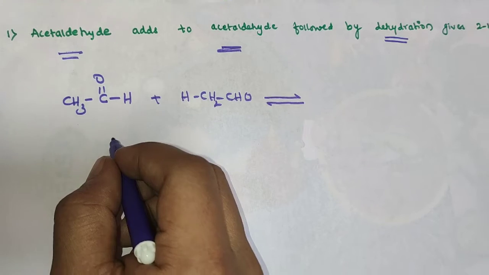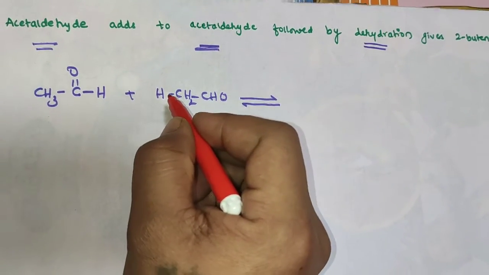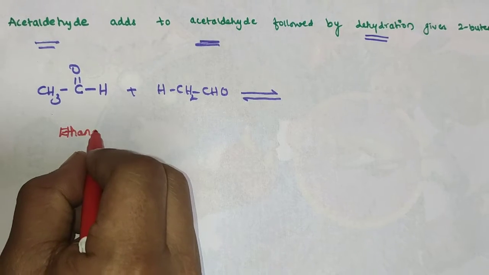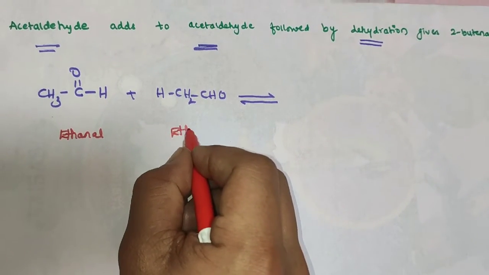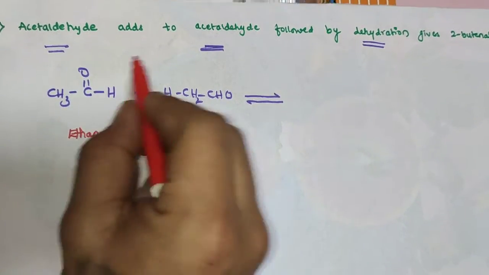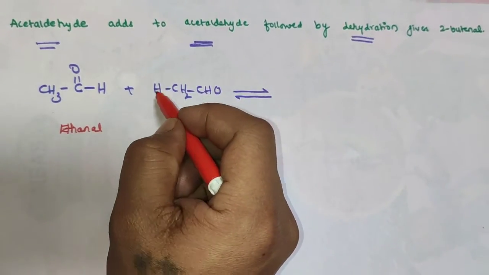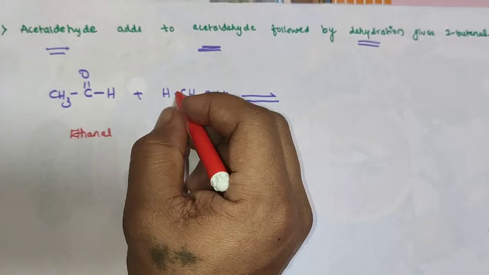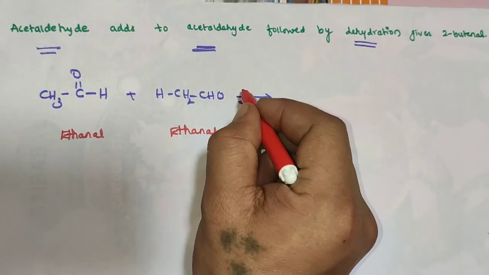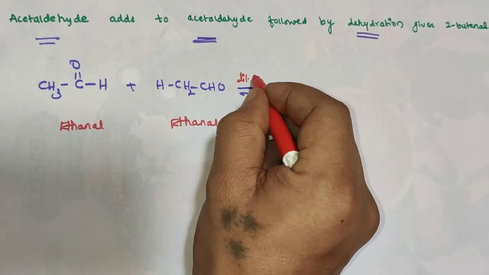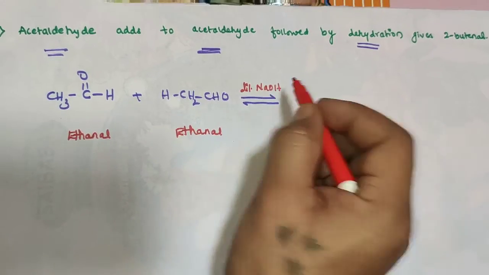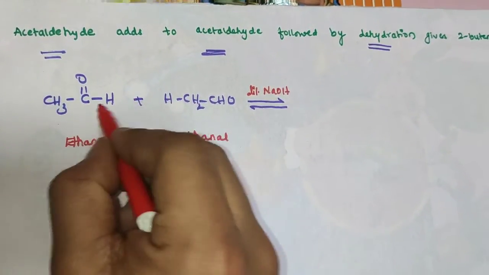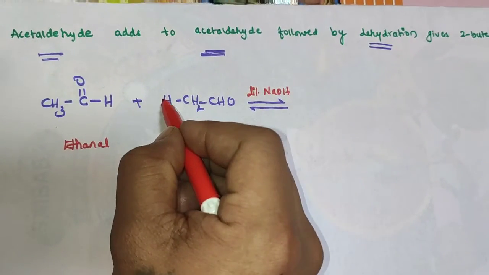Two molecules of ethanal, the same type of aldehyde reactants, are taken in the presence of an alkali medium, that is sodium hydroxide.